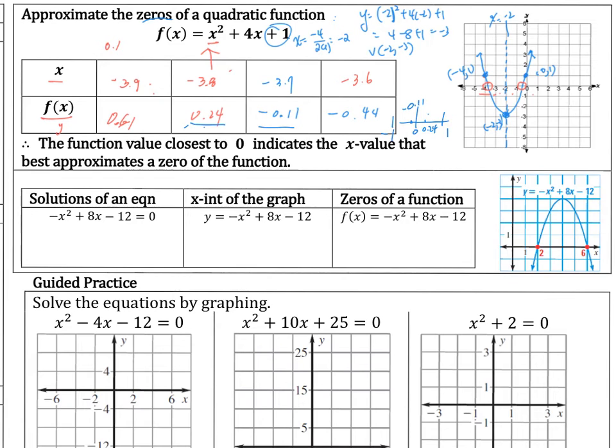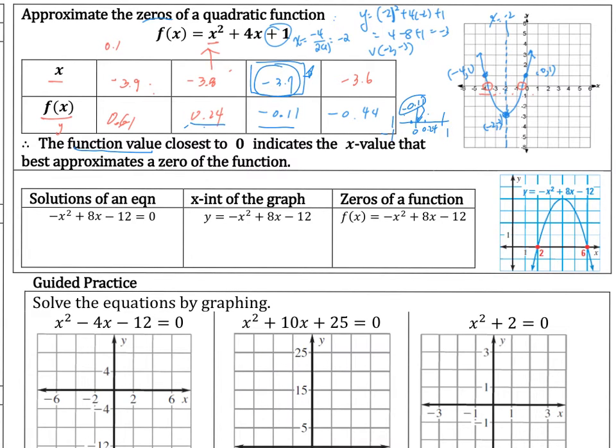So between -0.11 and 0.24, -0.11 is closer to 0. So the best approximation will be when the function value, f of x, is closest to 0, which indicates that the x value of -3.7 would be the best approximation of this zero of the function. So one of our zeros could be -3.7.